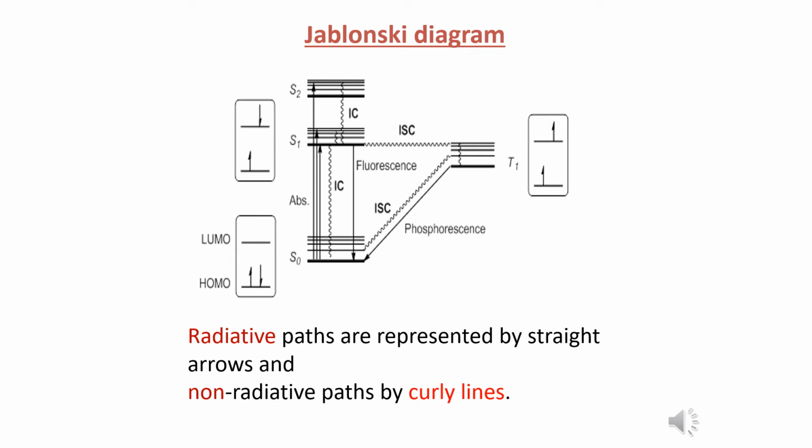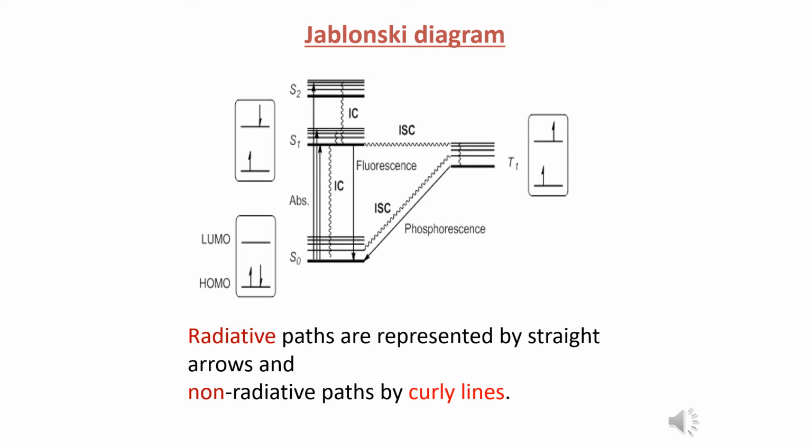Here IC and ISC are non-radiative transitions, and the radiative transitions are fluorescence and phosphorescence. All these are shown in the Jablonski diagram.